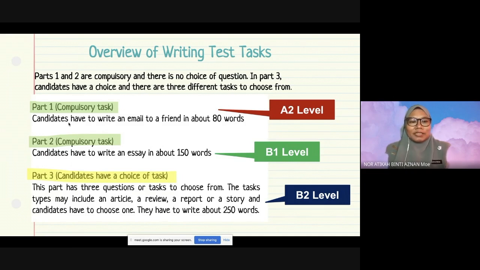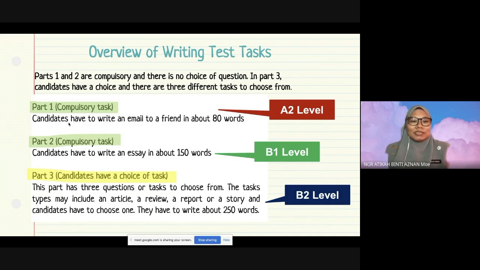And the last part is part 3, where candidates have to choose their task. They can have their personal choice. They can choose whatever task suits them the best. In this part, there are 3 questions or tasks to choose from.